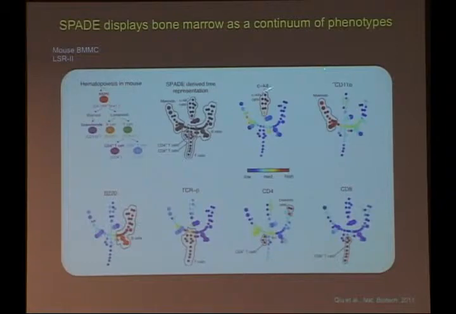And as we look at the overlays of colors of c-KIT, CD11B, so there's a monocyte marker, 4 and 8 on T cells, TCR beta on T cells, and B220 on B cells and the subset of dendritic cells, we can see how the pieces of this tree are really segmented into the different well-defined cell types.